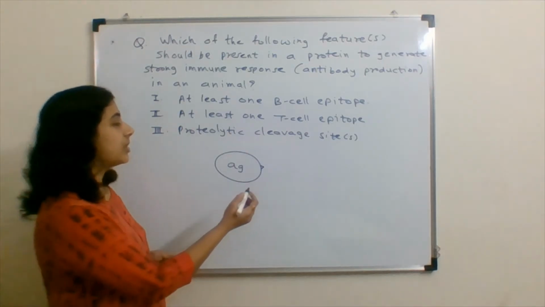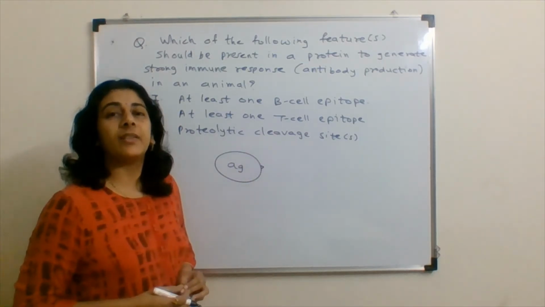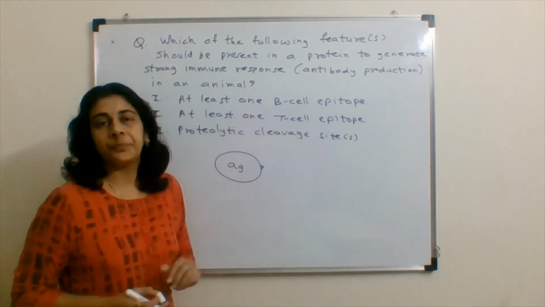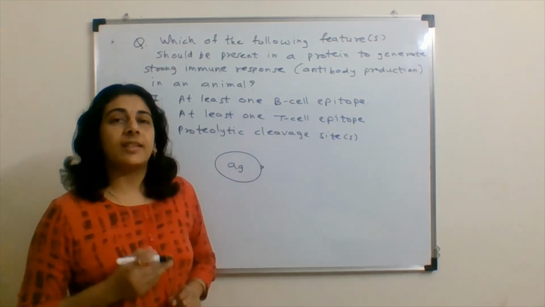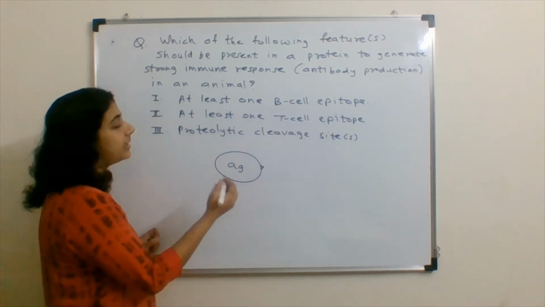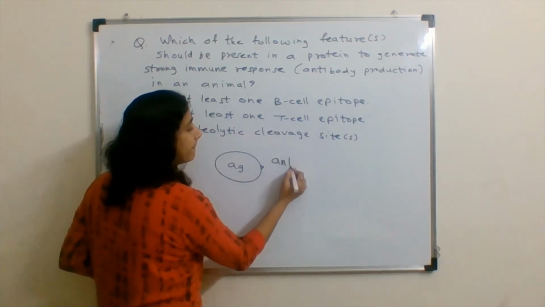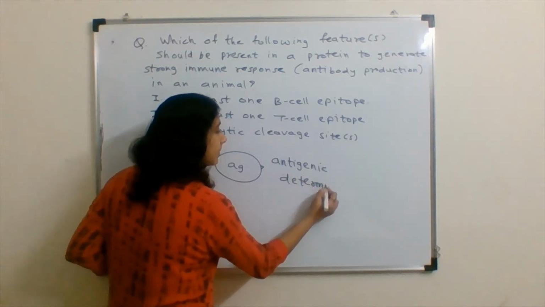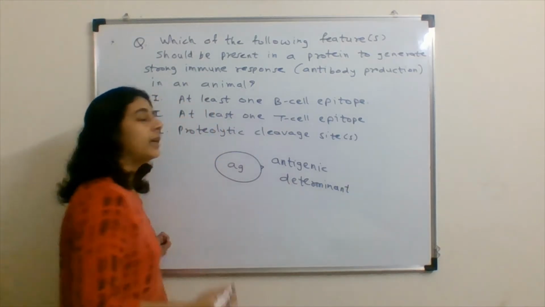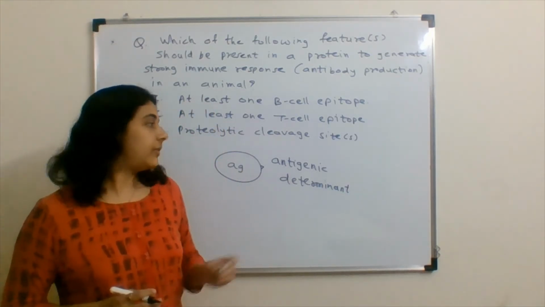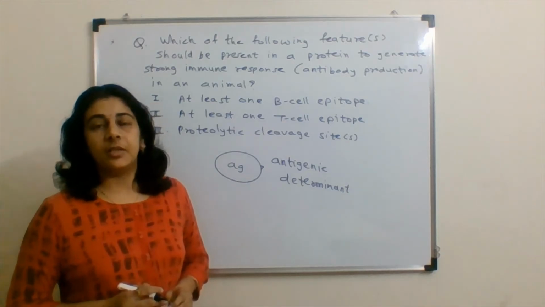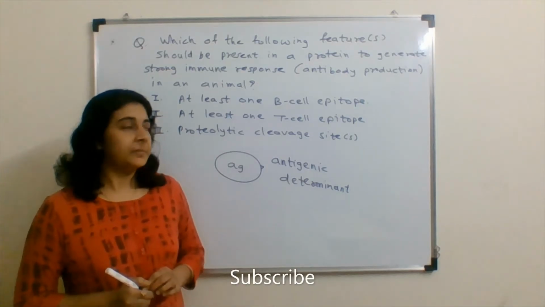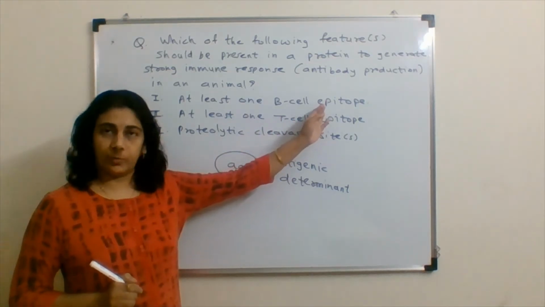So that portion of antigen which is getting recognized by the immune system cells, we call it as an epitope. This epitope is also called as an antigenic determinant, which is present on antigen and is recognized by the immune cells. So this is what epitope is.